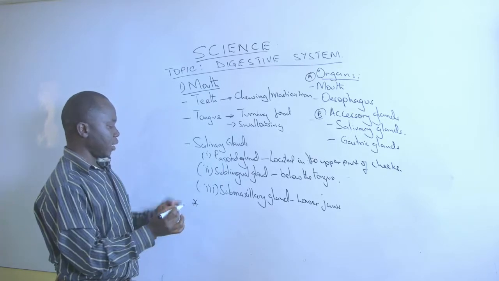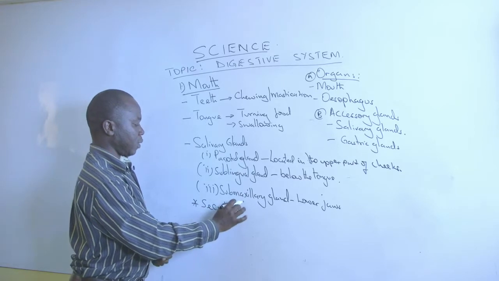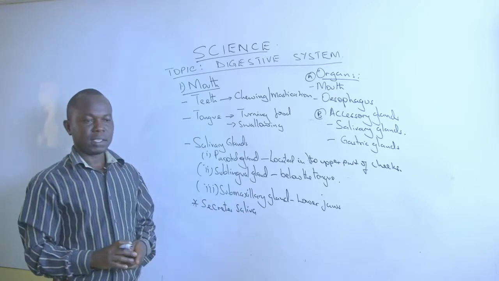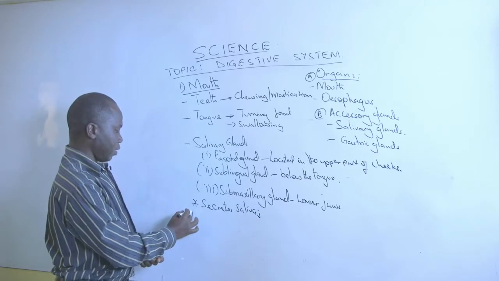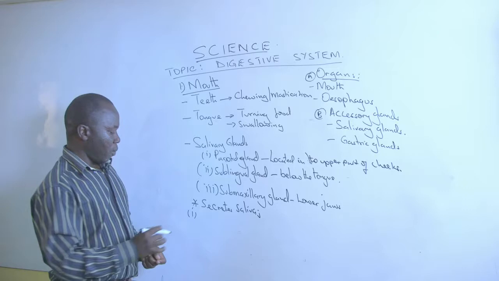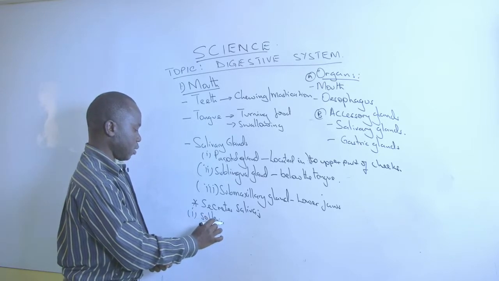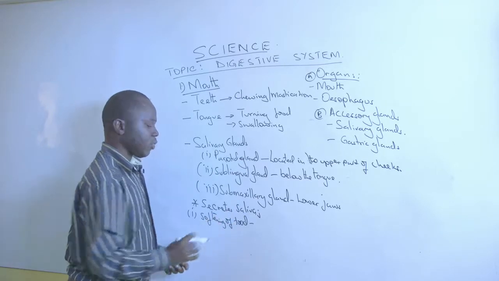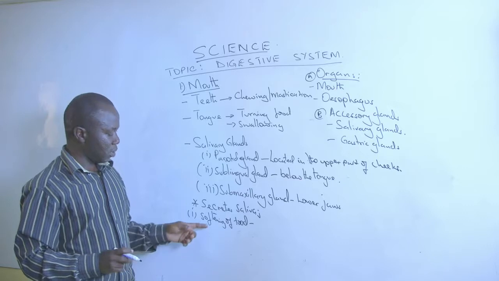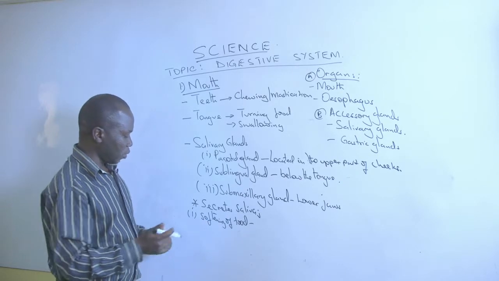So the role of the salivary gland is simply to secrete saliva. The roles of saliva include, first, softening of food. Softening of food is important because you cannot swallow dry food. It's going to choke you.